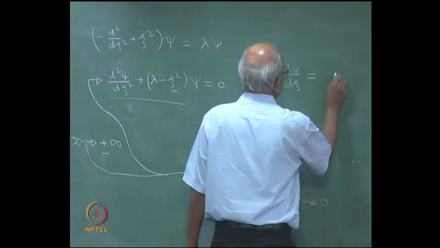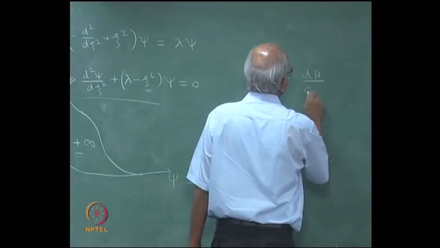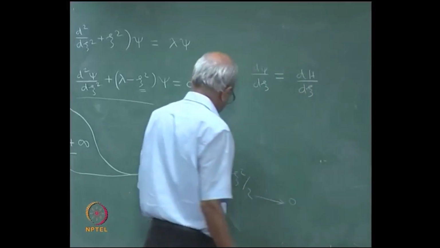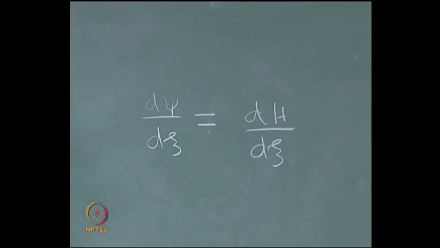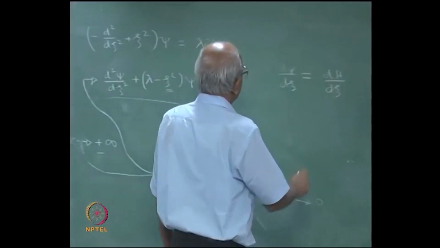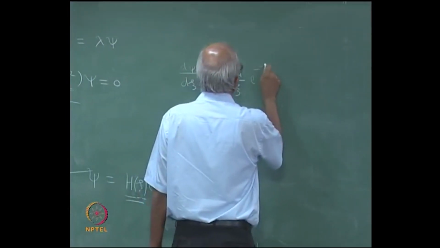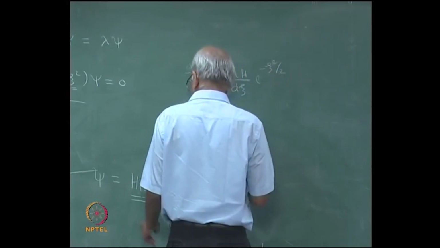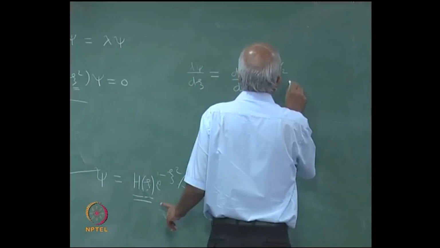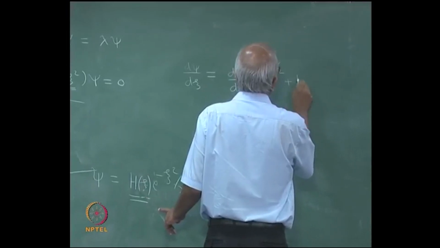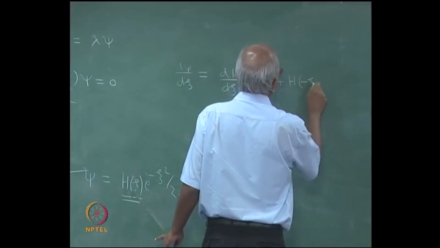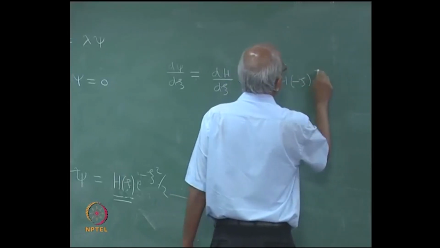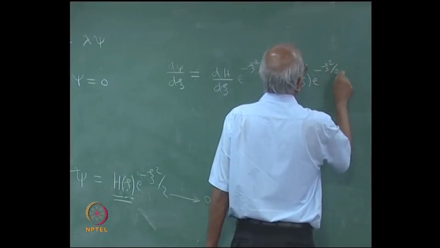It is going to be dh by dc into e to the power of minus c square by 2 plus h into minus c e to the power of minus c square by 2.